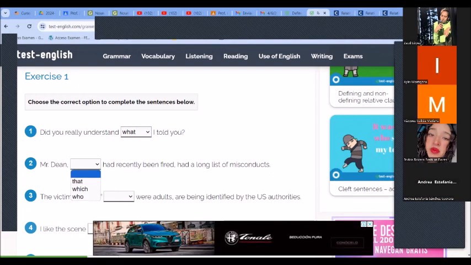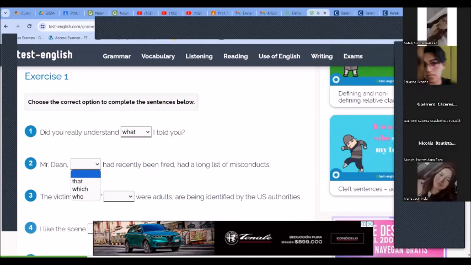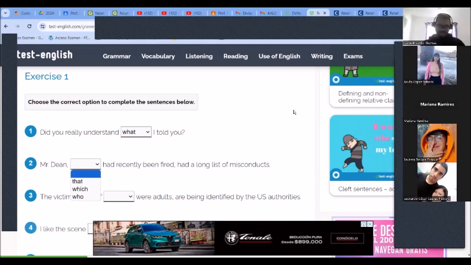Mr. Dean, which had recently been fired, had a long list of misconduct. All right, look at it again. Mr. Dean is a person. Which word do we use for people? We use who. Who.